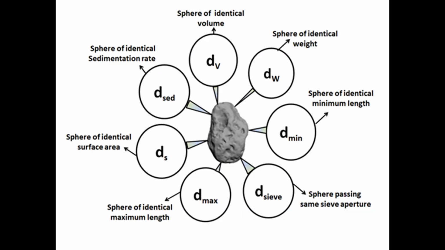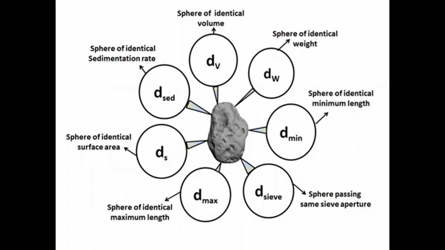What is the volume of this particle? We compare this volume with the identical volume, meaning this volume is converted to the volume of a sphere. Then you will have a dimension, that is the radius. So this is one example.